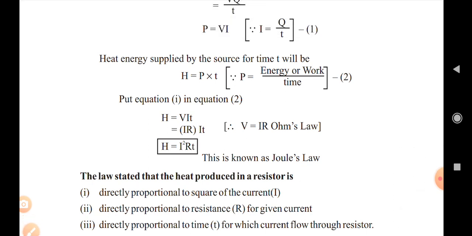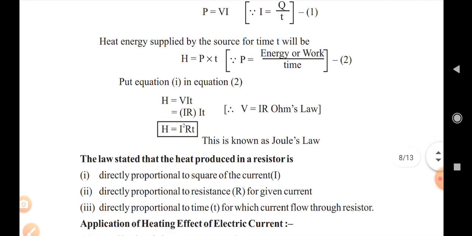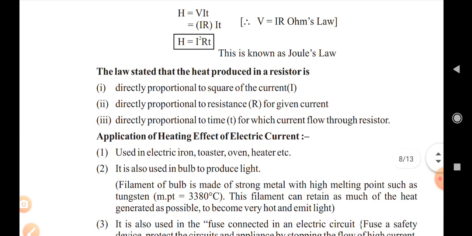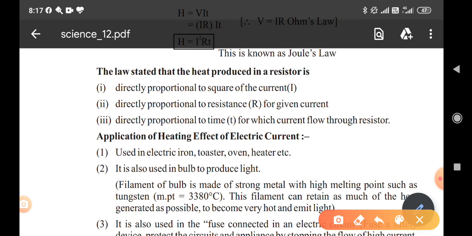Joule's law states that, number 1, heat produced in a resistor is directly proportional to the square of the current I. Number 2, it is directly proportional to resistance for given current. And number 3, directly proportional to time for which current flows through the resistor.